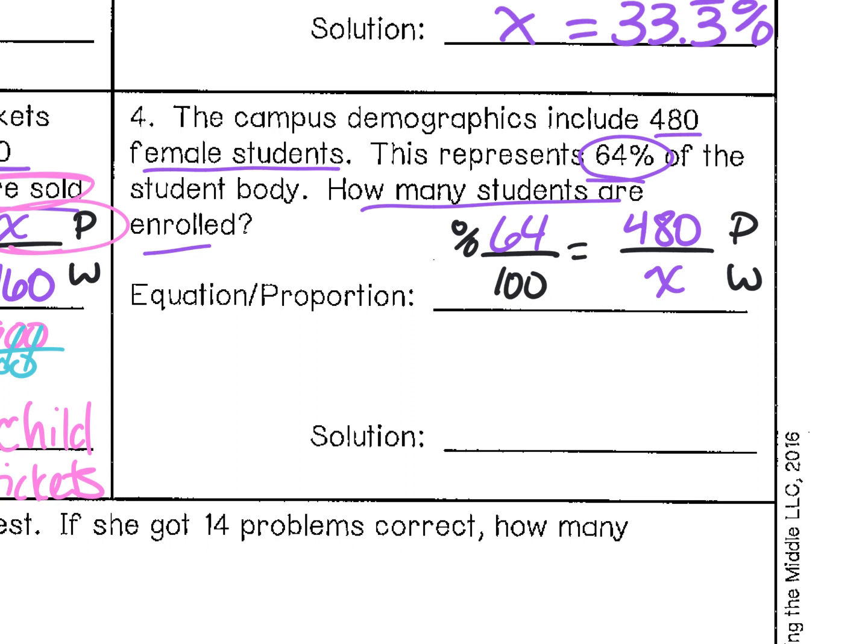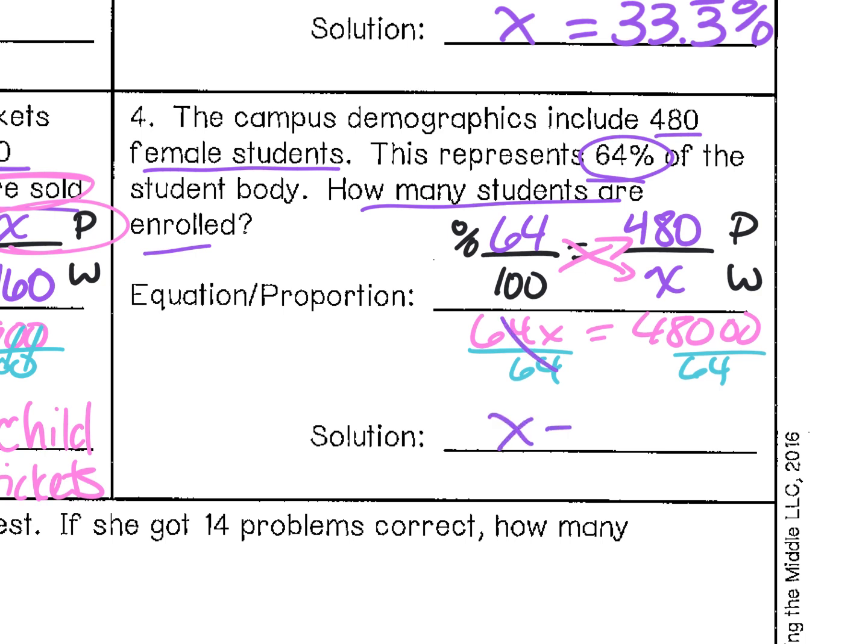We're looking for the whole student body there. We're going to go ahead and cross multiply. Divide. You get 750 students.